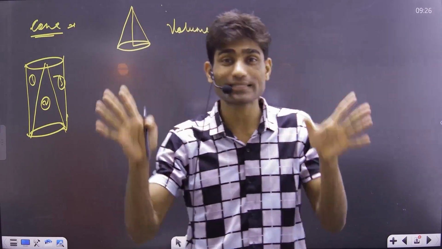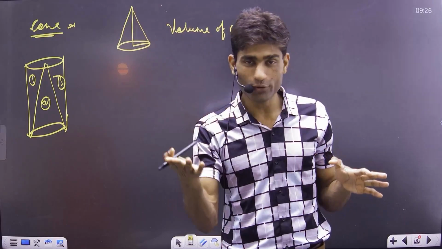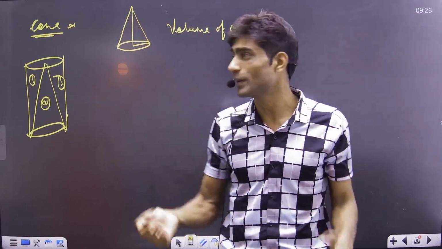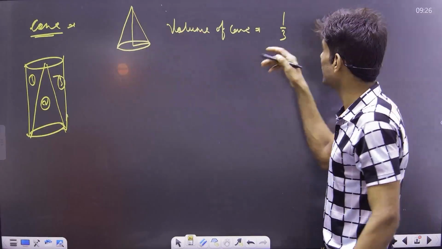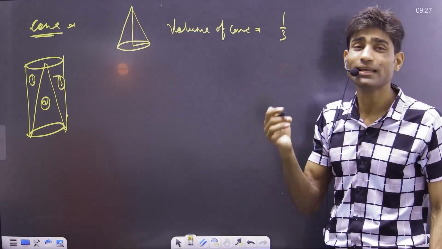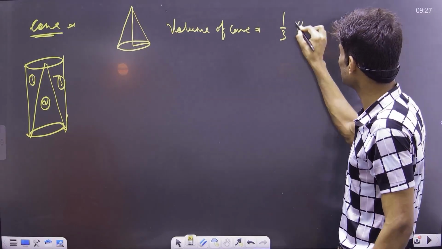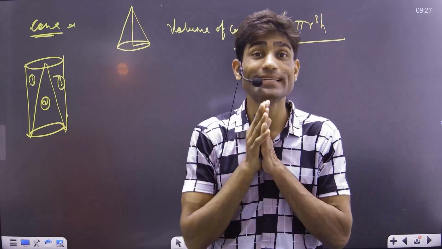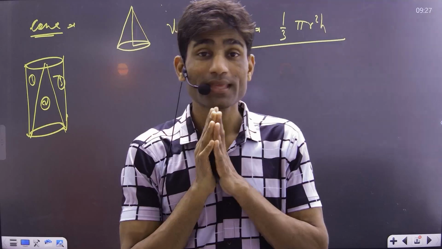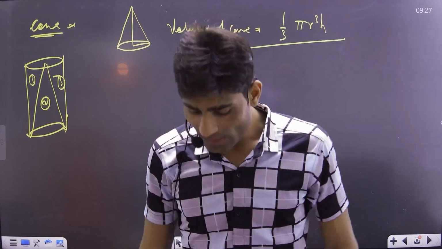Basically, I take three equal parts of our cylinder, so we get three different cones. The volume of a cylinder is pi r square h, and the volume of a cone is 1/3 pi r square h, the third part of that cylinder. See how easy it is to remember the volume of a cone.